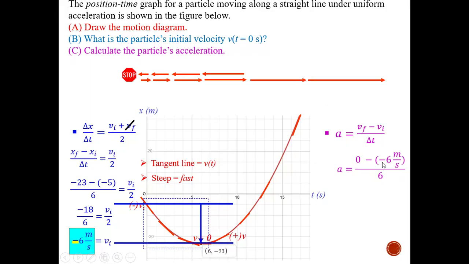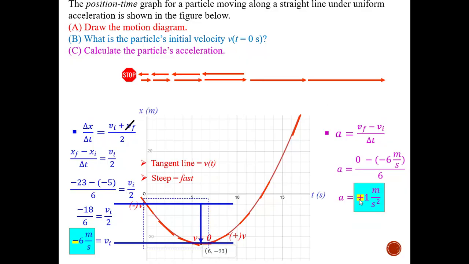A negative and a negative makes a positive 6. And then, how much time did it take? Again, I'm focusing on 0 to 6 seconds, so the change in time would just be 6. So 6 divided by 6 will give you 1 meter per second squared. Here I highlight the positive sign because it says acceleration, and acceleration is a vector. So that is our answer for part C.